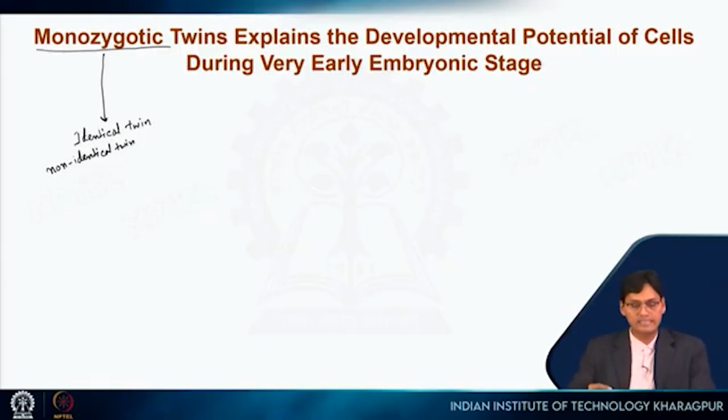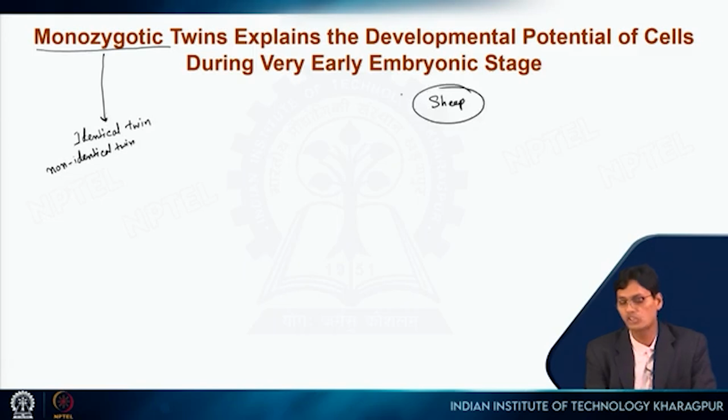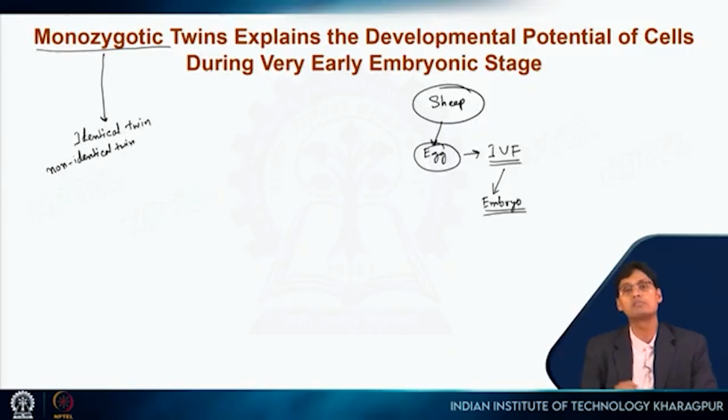So what scientists did, they used sheep, and they took egg cells from sheep and then it underwent IVF, in vitro fertilization, and then the embryo is getting formed inside the lab, right, in an in vitro system.